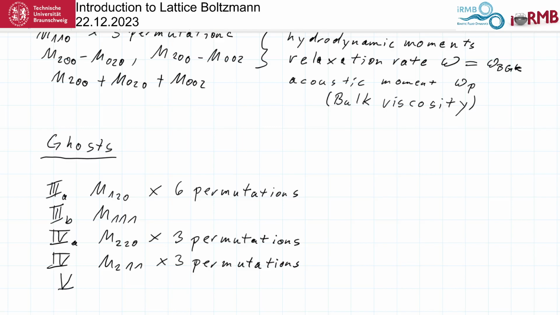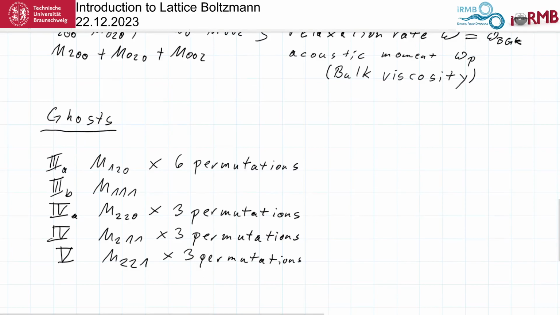Then there is a group 5 of fifth order moments, M221. Again, this has 3 permutations. And then there is a single moment of sixth order, M222. Yeah, and these are all the moments that we have.